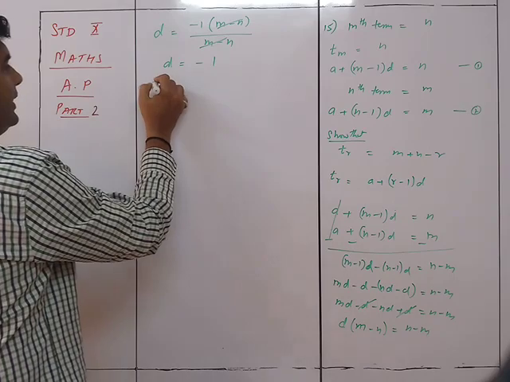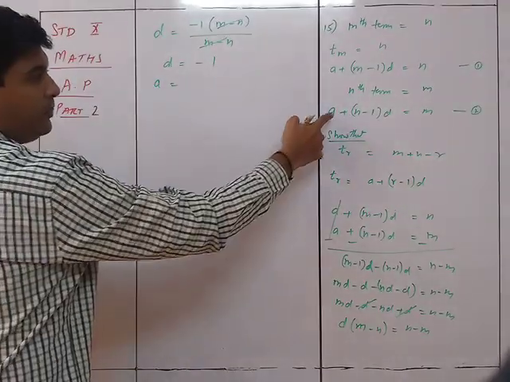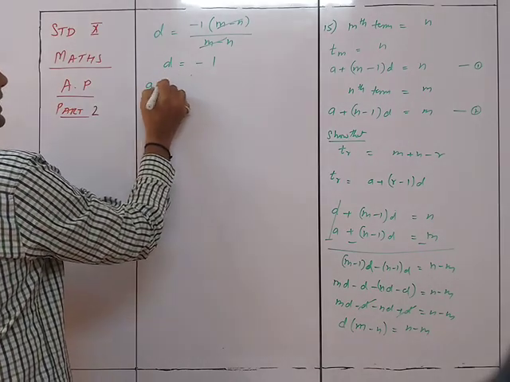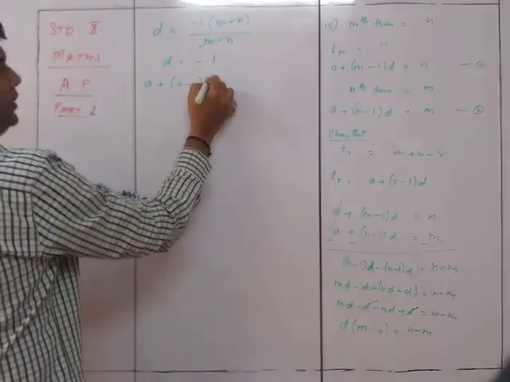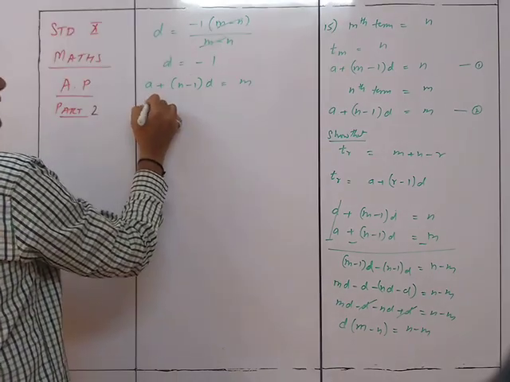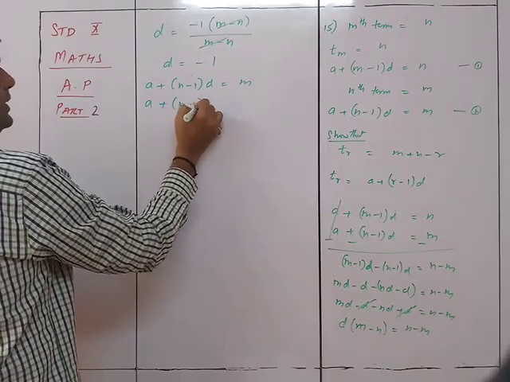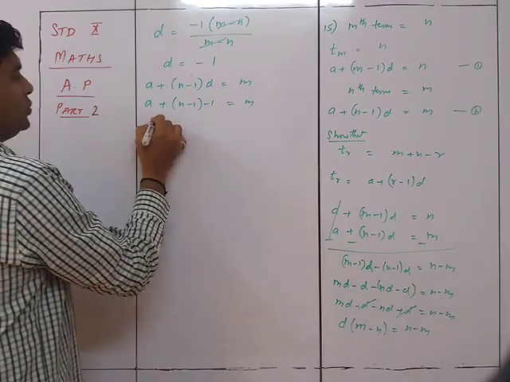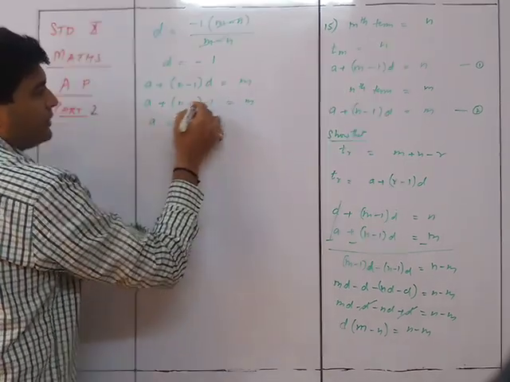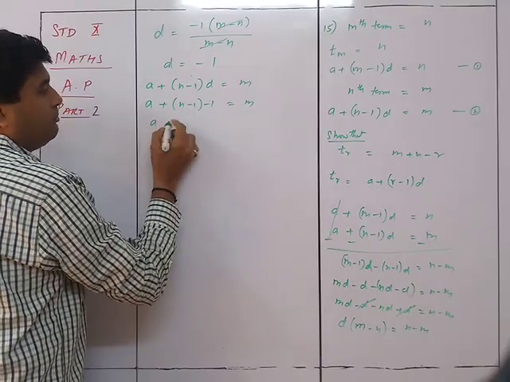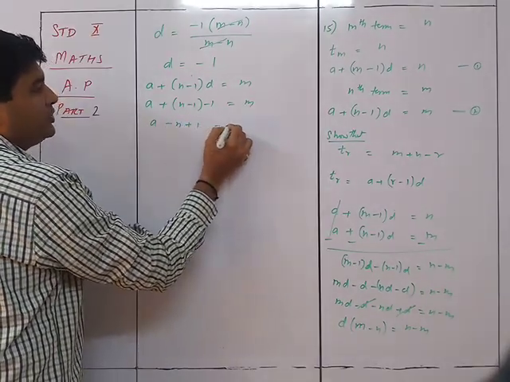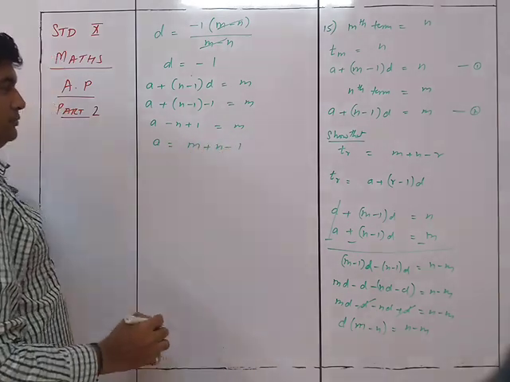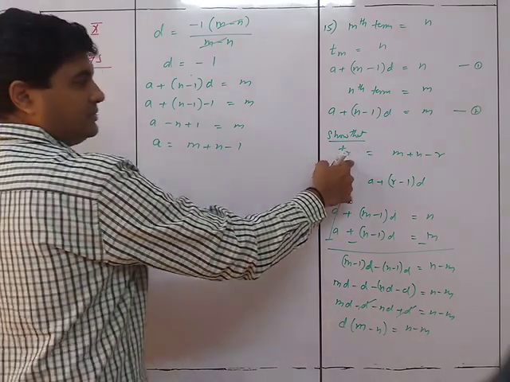And what will be A? We put it in the equation A plus (n minus 1) into d is equal to m. So we have A plus (n minus 1) into minus 1 is equal to m. So A minus n plus 1 is equal to m, so A is equal to m plus n minus 1. Now let's take the r.